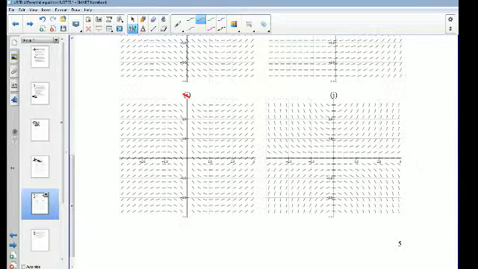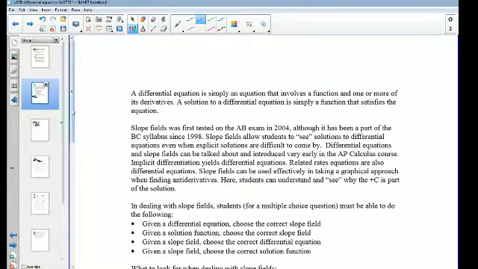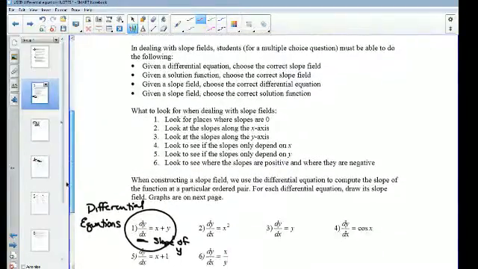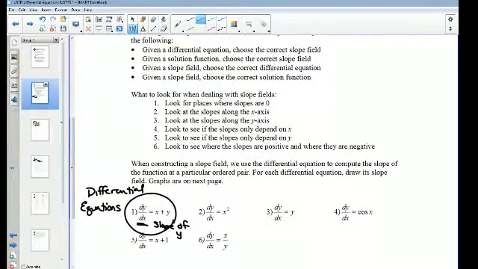Okay. There are some strategies up here. Again, look for places where the slope is 0, which is a very good one to use. Slopes along the X and Y axis, like 0, 1, 0, 2, 0, 3, 3, 0.